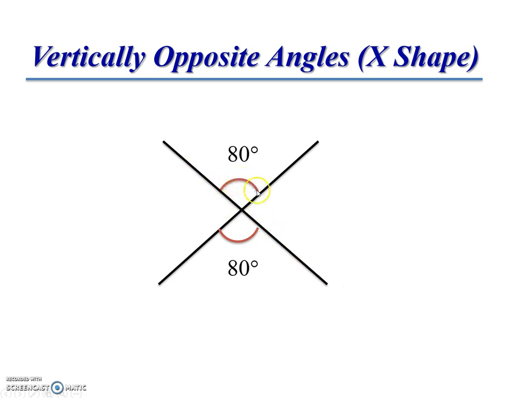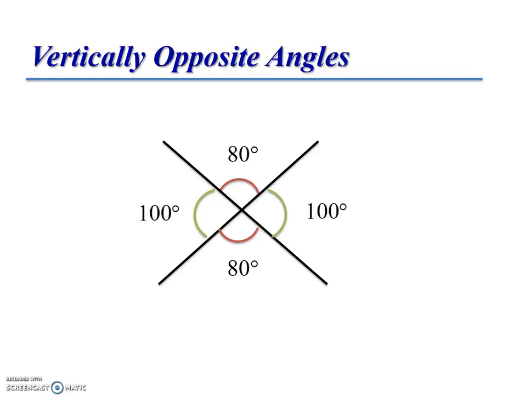So if this is 80 degrees, the balance of this angle should be 100 degrees. So these two angles will also share the same value, which is the value of x should be 100 degrees each. And if you total up everything, it will give you a one whole turn, which at the end will give you 360 degrees.